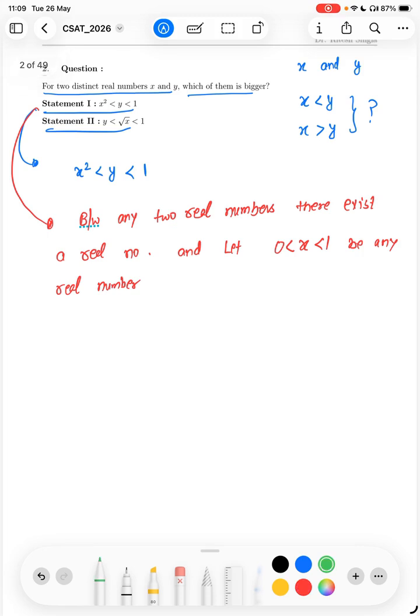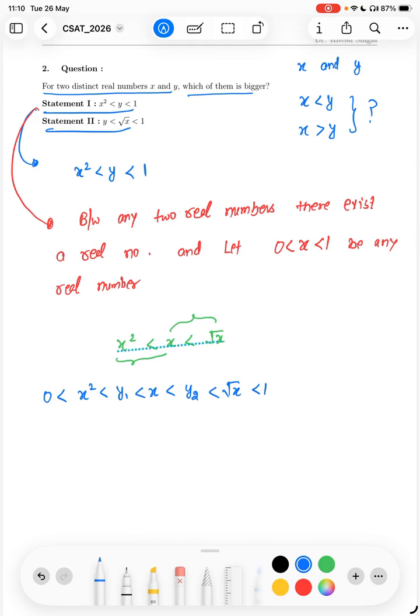We know that x squared is strictly less than x, which is strictly less than root x. Now we can find some real number between x squared and x, and again some real number between x and root x. Let me write those numbers as x squared less than y1 less than x less than y2 less than root x less than 1.